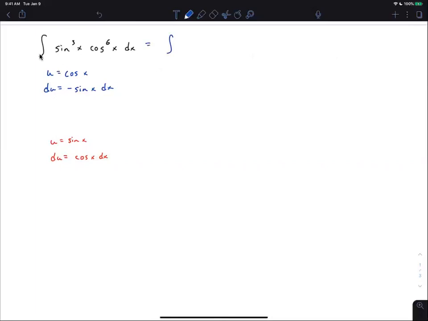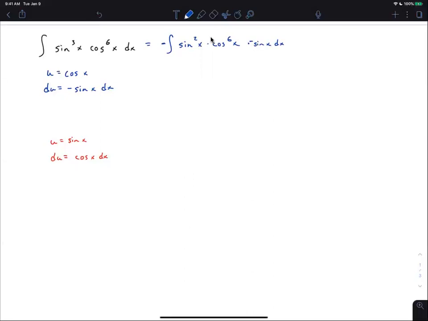Yeah, so we're going to separate one factor of sine for the du, and that's going to leave two factors of sine, because there were three to begin with. And then we make a quick multiplication, multiplied by -1 inside and -1 outside.